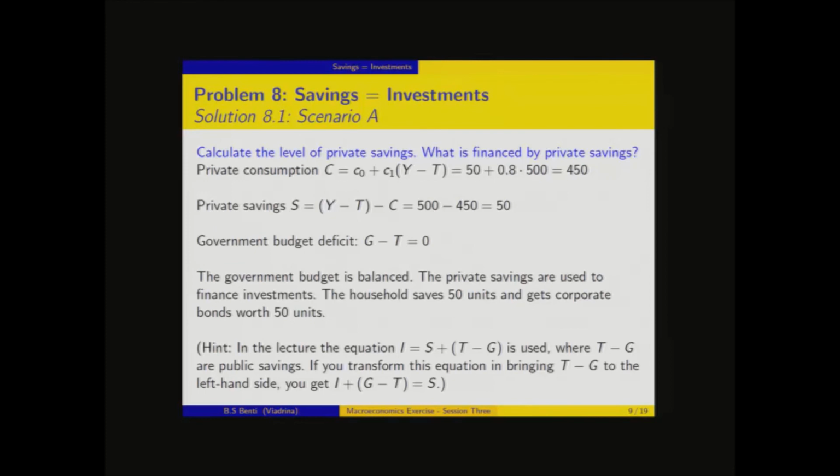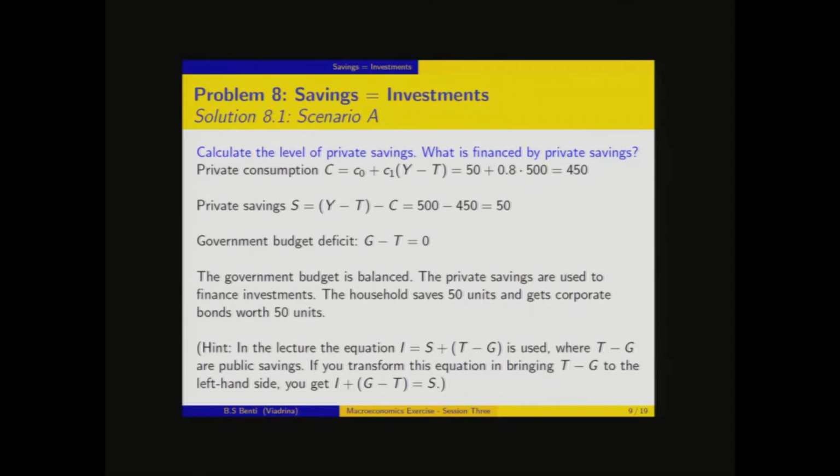To clarify this concept, in the lecture the equation investment equals saving plus tax minus government expenditure is explained already, where tax minus government expenditure is considered public savings. If we transfer tax minus government expenditure to the left-hand side, we get investment plus government expenditure minus tax equals saving.